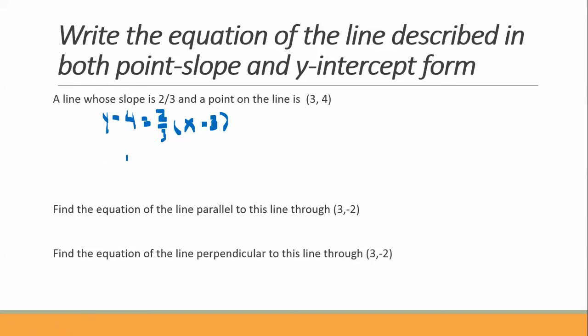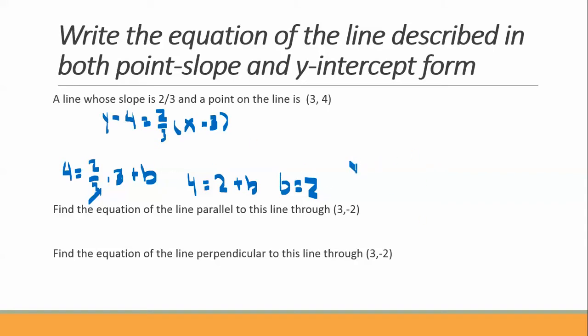To find y = mx + b form, the y-intercept form, we have a point, (3, 4), so we have to put 4 in for y, 2/3 for m, 3 in for x, and then we have to solve for b first because we don't know the y-intercept. So the 3's divide out, we have 4 = 2 + b, so that means b = 2, and now we can put it back in y-intercept form.